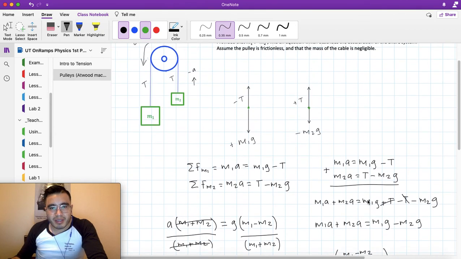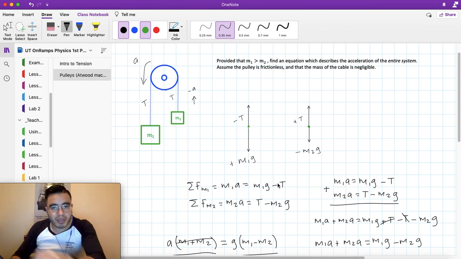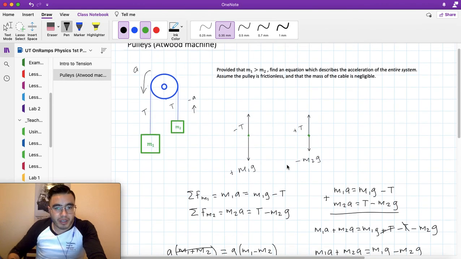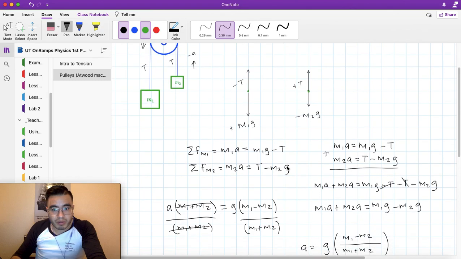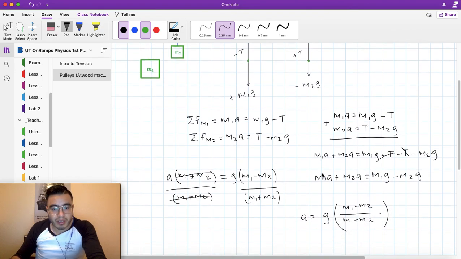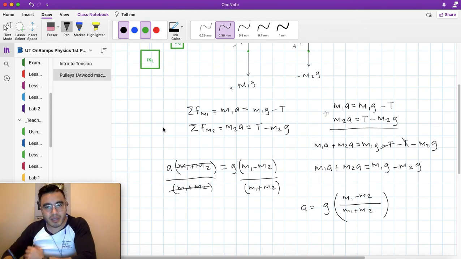The key is draw a free body diagram for each of the masses, treat them as independent from each other, define direction of motion, make sure you stick to it, don't change signs, otherwise our whole process will be incorrect. And that's it for the first example on pulleys.